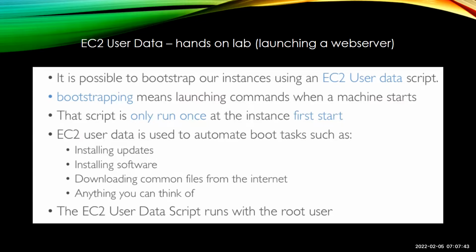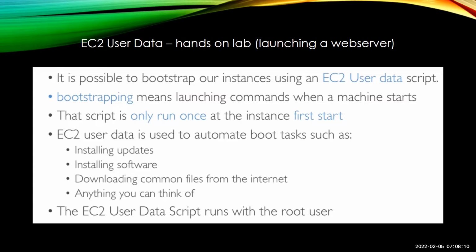Do you want to enable the public IP or not? And then security groups you want to add, and storage, you may want to change some configuration related to the storage. So a number of things we can do during the creation of an EC2 machine. This is basic configuration.